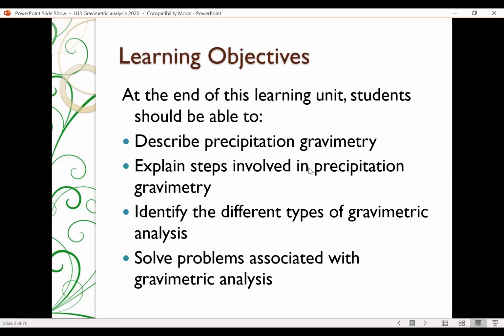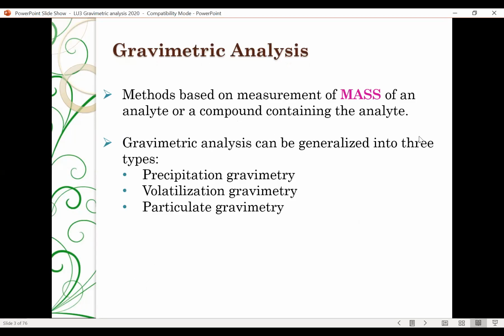So what we have here is a simple gravimetric analysis which gives you information on the analyte that you want to look for, which in this case is suspended solid, total solid, and dissolved solid. After this slide, I will ask you which one of these three gravimetric analysis types was involved in experiment 2.